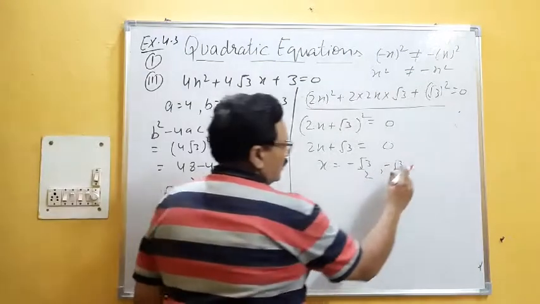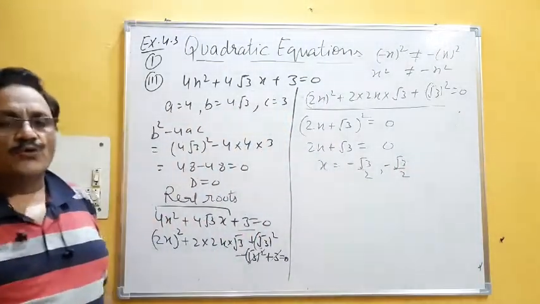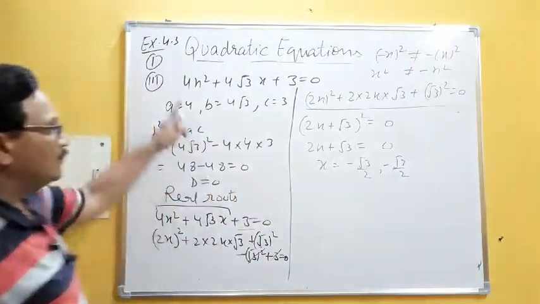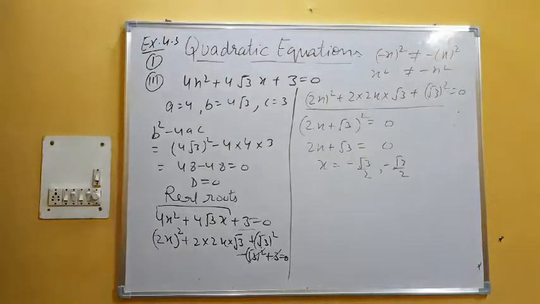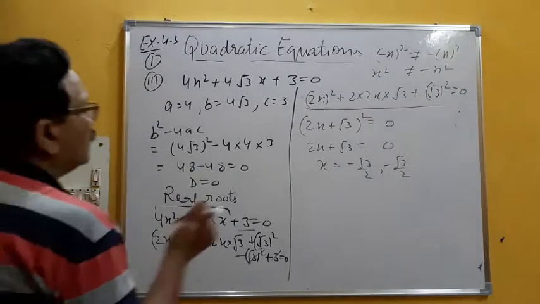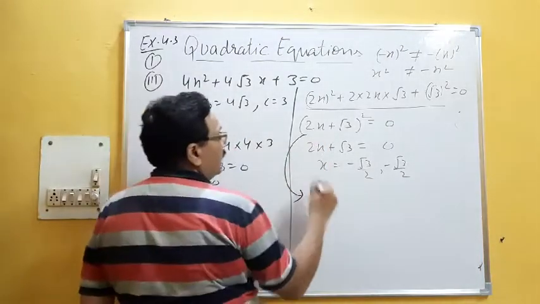Okay, because in a quadratic equation we have two values of x. This is minus root 3 by 2 and minus root 3 by 2. Please write it. Write two answers.